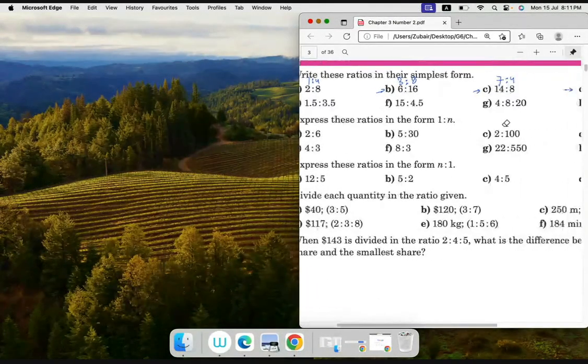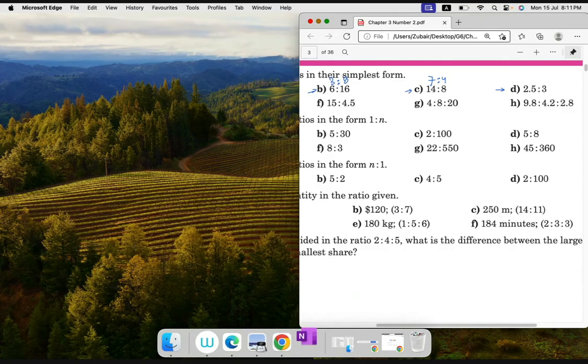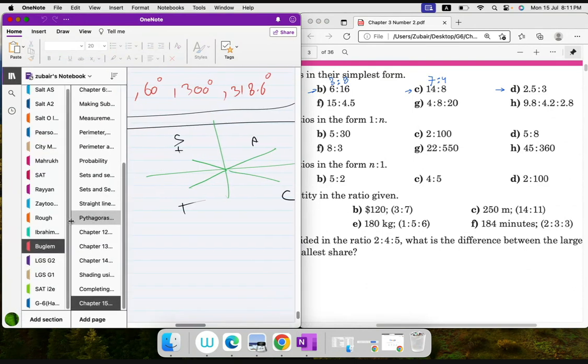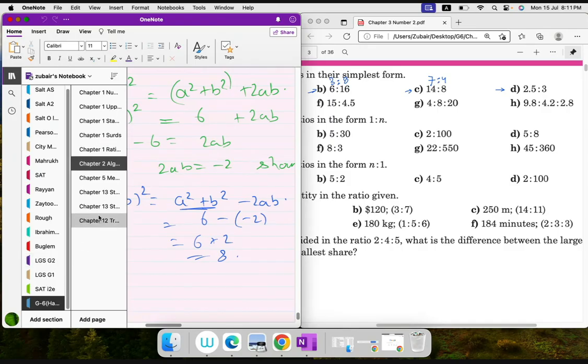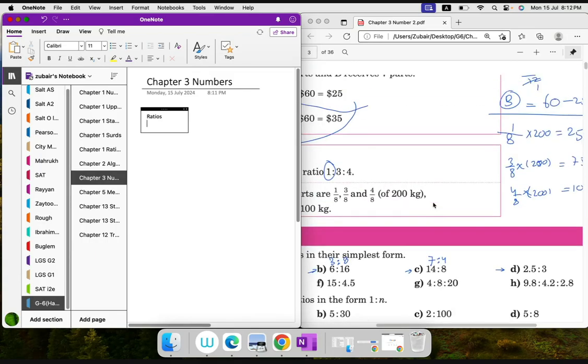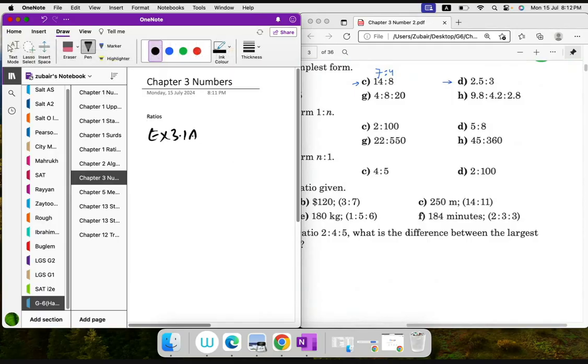Ali, you also try that. Yes, so 2.5 ratio 3, of 5.